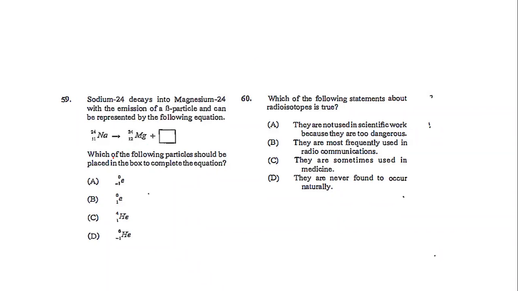All right, I'm seeing lots of A, somebody saying B. So let's just work it out. Okay, we still have 4 minutes more, so we have some time to work. So this is 24 11, this is sodium. So for magnesium, which is 24, and this is 12 plus something in a box. So let's work with something. Here we see that the mass numbers remain the same. So that is 0.